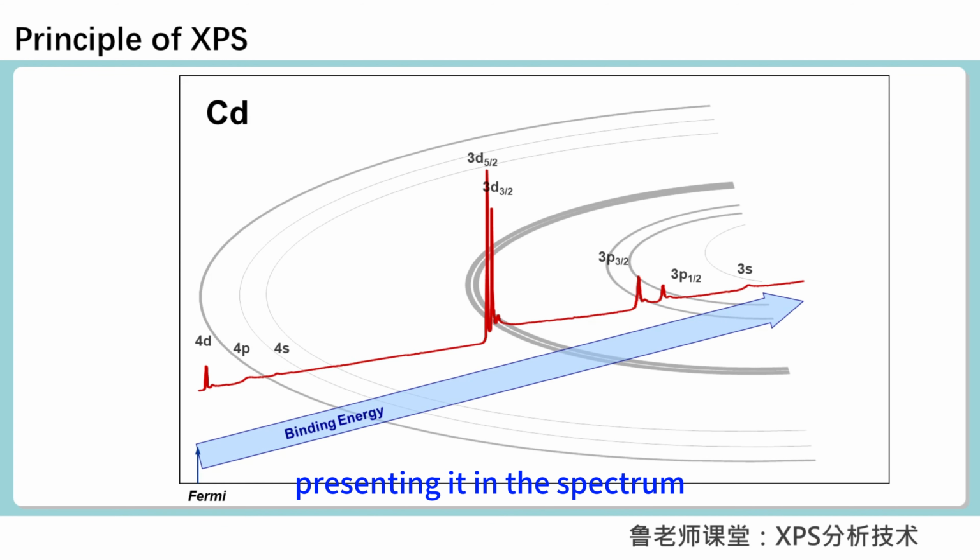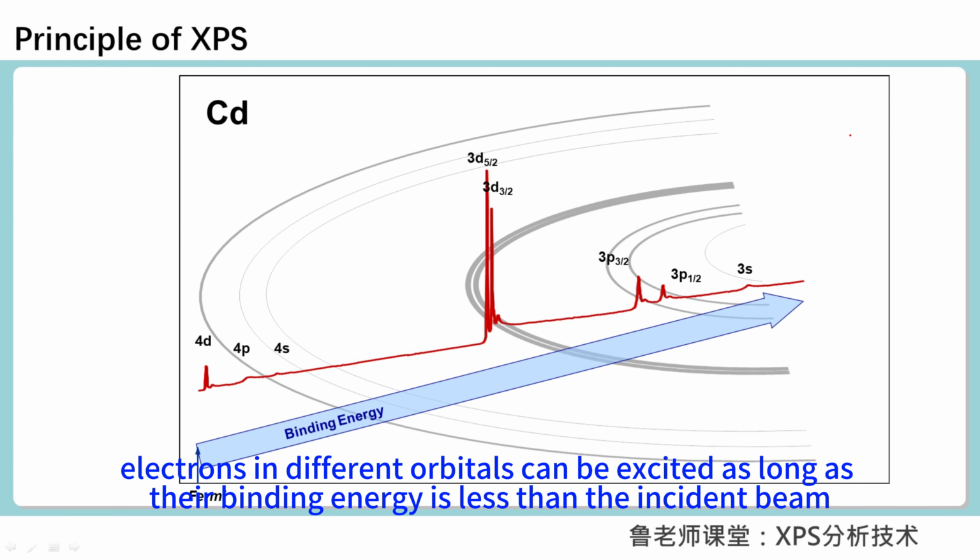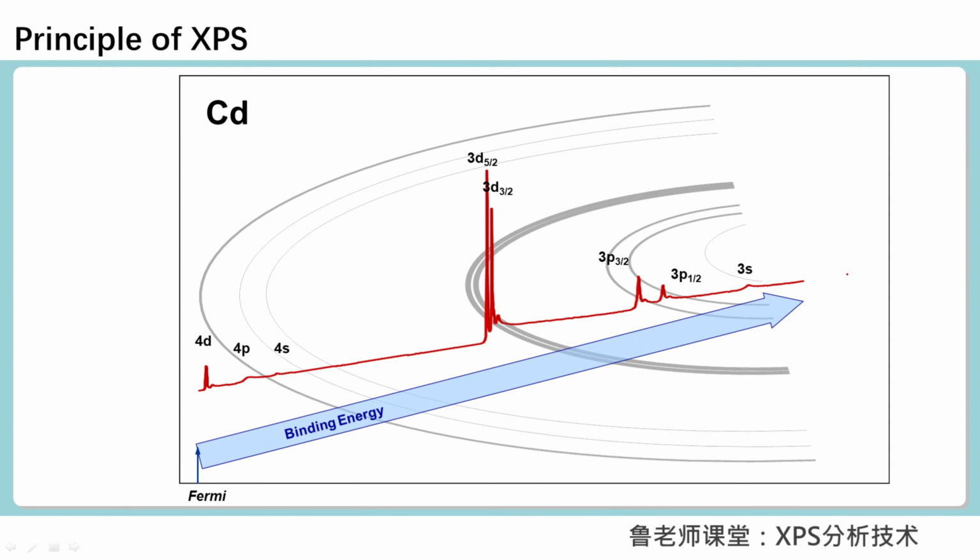For the element Cd, for example, electrons in different orbitals can be excited as long as their binding energy is less than the incident beam.